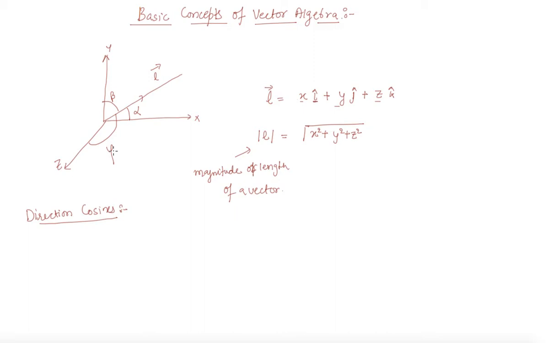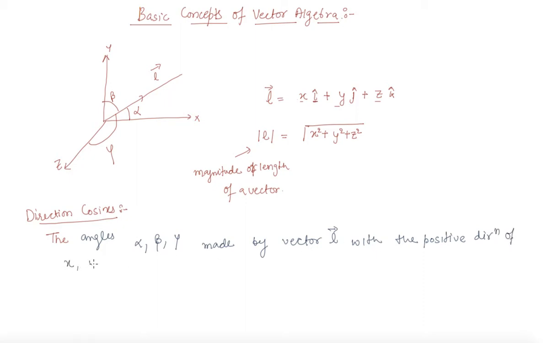Means the angles, what I have written here, the angles alpha, beta, and gamma made by vector L with the positive directions of the x, y, and z axis respectively.